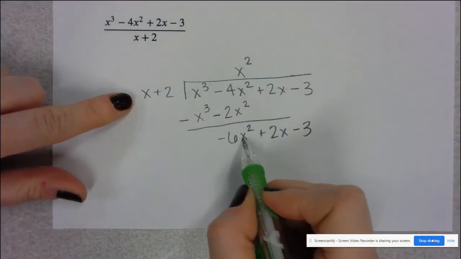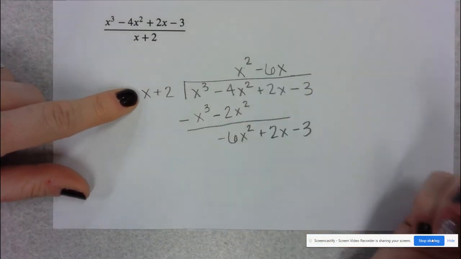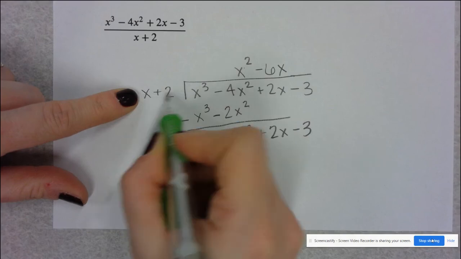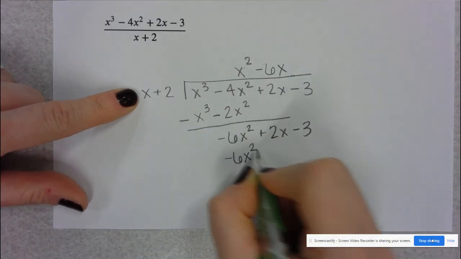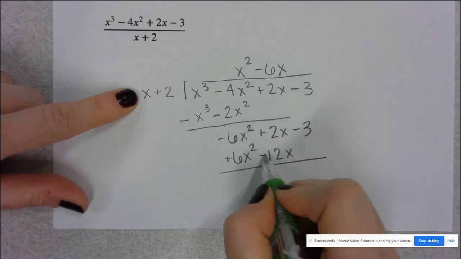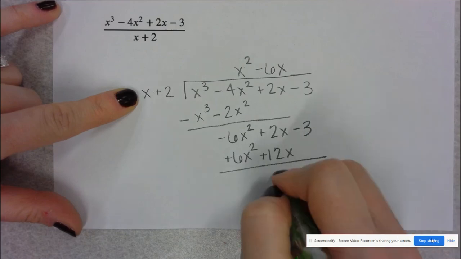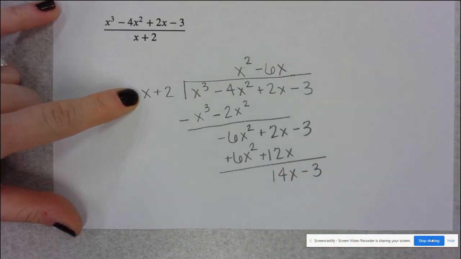So now in order to get to negative 6x squared, I need negative 6x. And I'm going to multiply that through by both terms here. Subtracting, so I'm doing the opposite. So that's going to give me 14x minus 3.